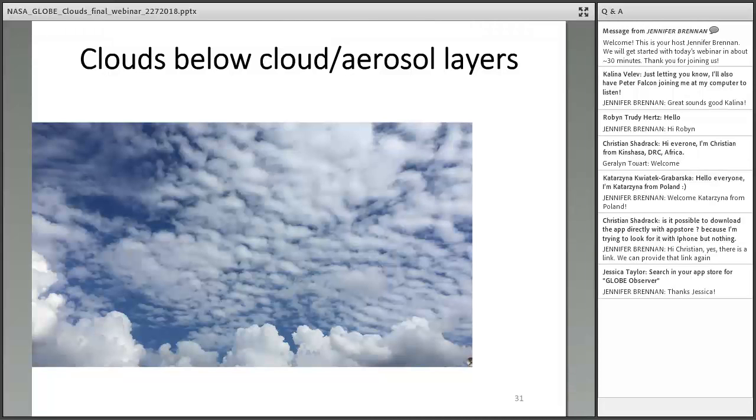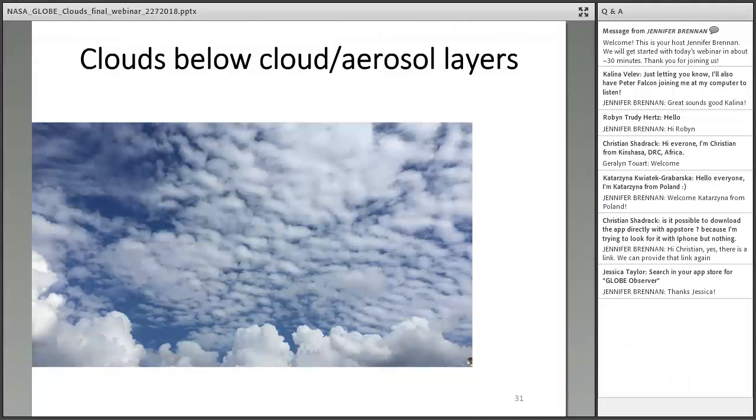Finally, as mentioned earlier, there's the issue of observing low clouds that occur below high cloud layers or aerosol layers. Pretty much all passive remote sensing satellites, those are satellites that don't carry a LiDAR, laser, or a radar, generally can't detect low clouds occurring below high clouds or high aerosol layers.